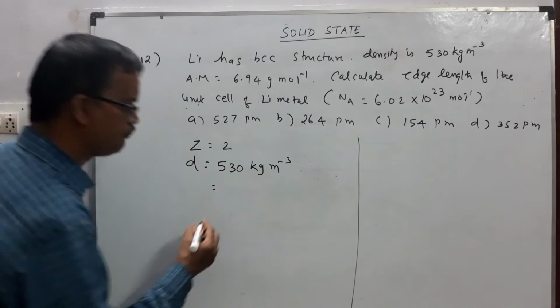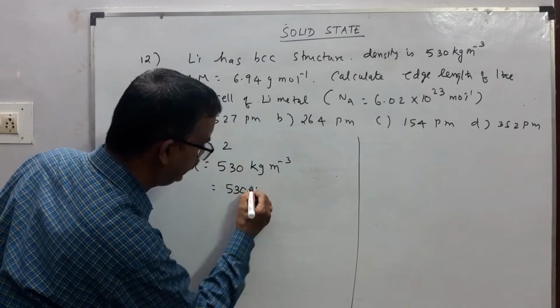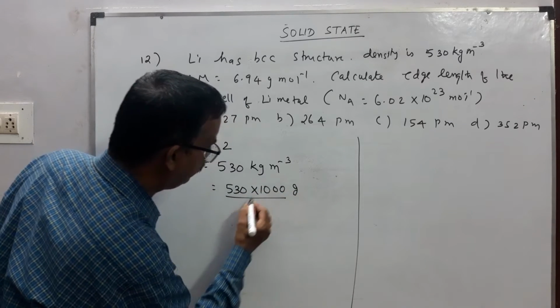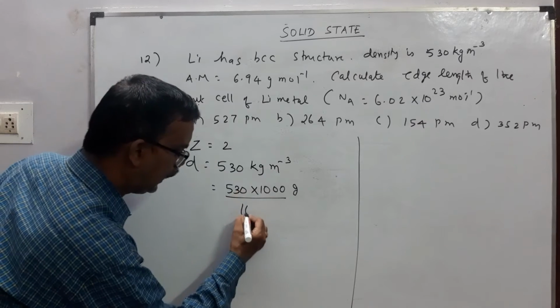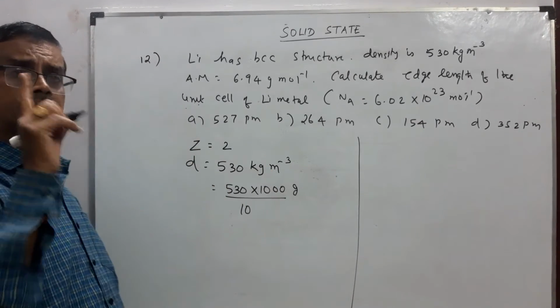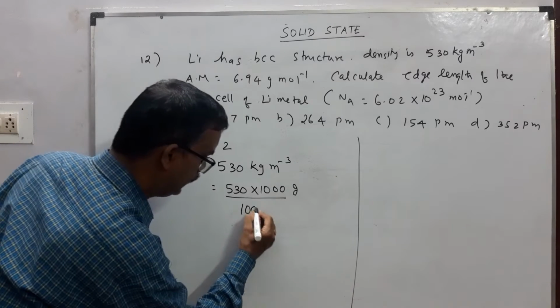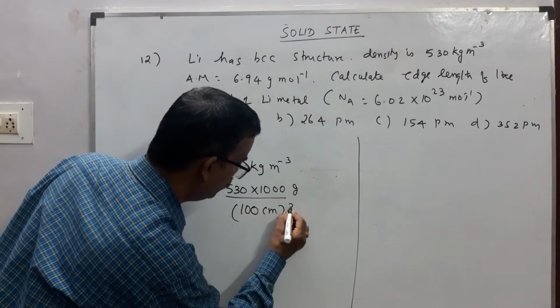Converted into gram per cc: 530 into 1000 gram divided by, and we know 1 meter equals 100 centimeter, 100 centimeter whole cube.